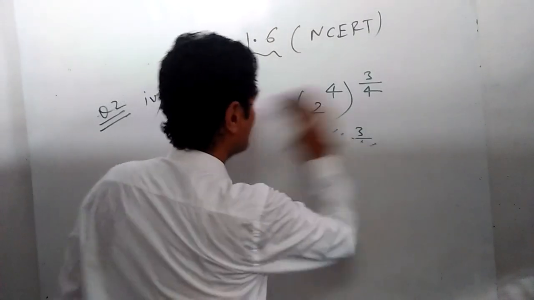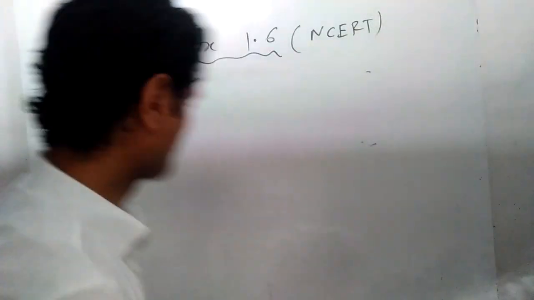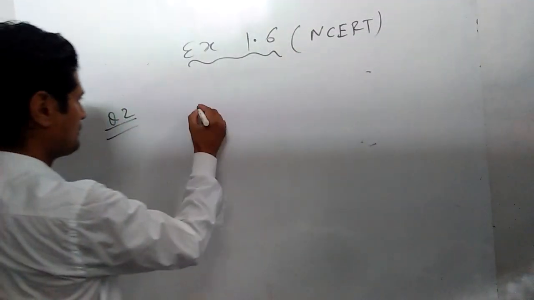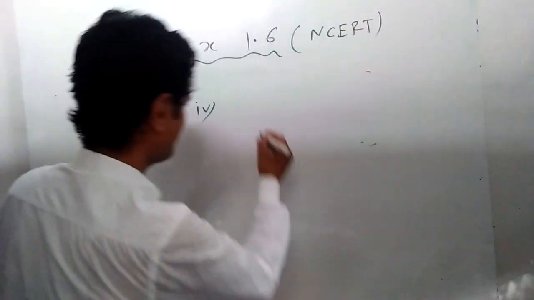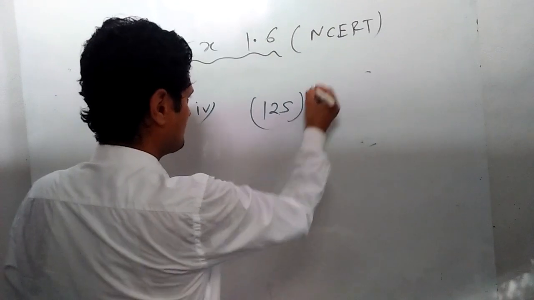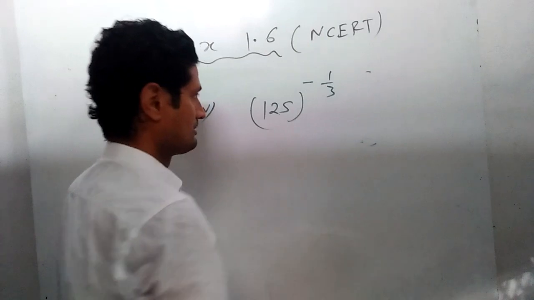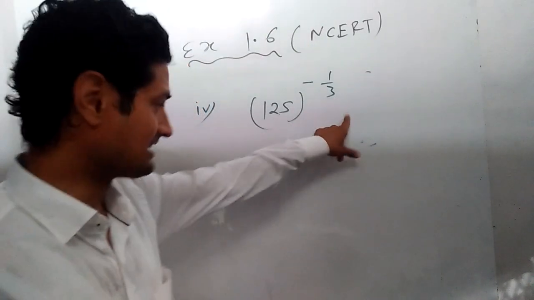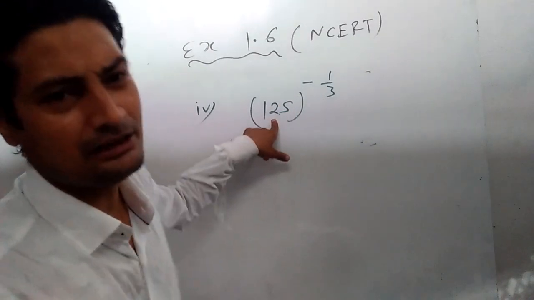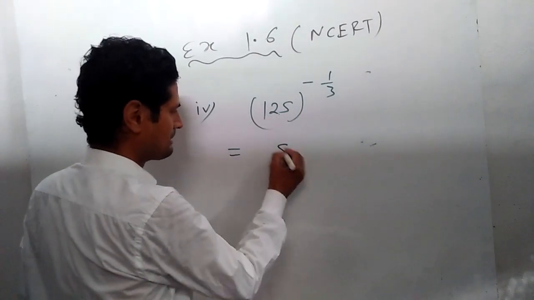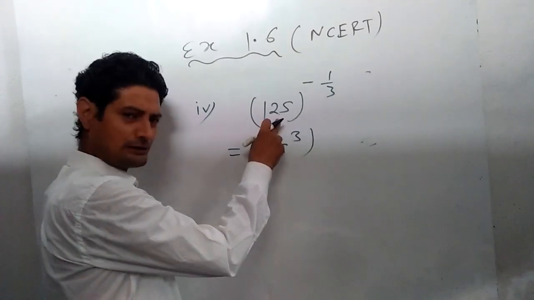Now, another type of question, the minus case, like question number 2, fourth part: 125 to the power minus 1 by 3. The denominator is 3. Think of such a number whose power 3 is equal to 125, and this number is 5. 5 to the power 3 is equal to 125.